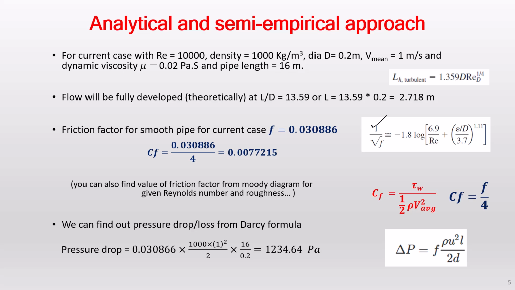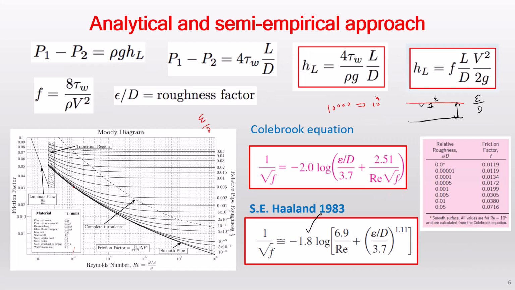The important thing is why I didn't use the other one: it contains f in both terms, and this requires a numerical method to solve. But this one can be solved very easily by putting epsilon by D equal to 0 and Reynolds number equal to 10 power 4.